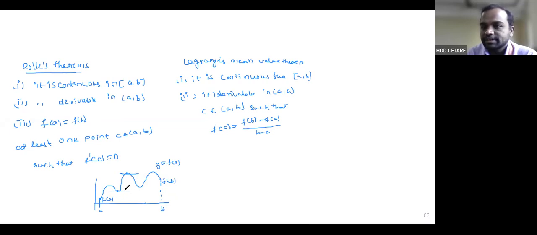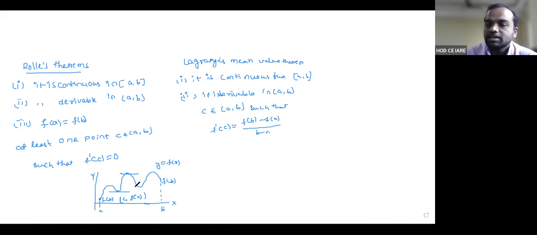The tangent to the curve at the point c, f of c is parallel to the x axis. So this is called the geometrical representation of Rolle's theorem.